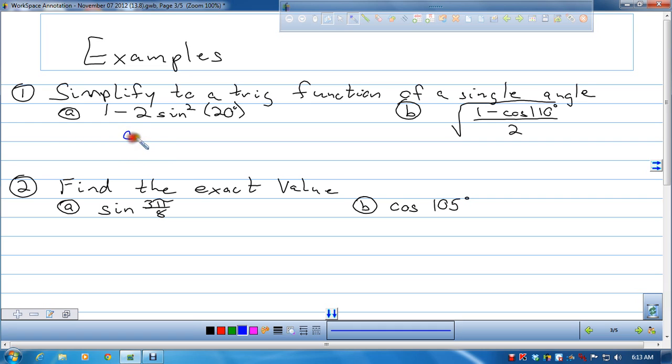That is in fact the cosine of twice whatever alpha is here, and we should notice in the pattern that alpha is 20. So this is the cosine of 2 times 20, which is the cosine of 40 degrees.